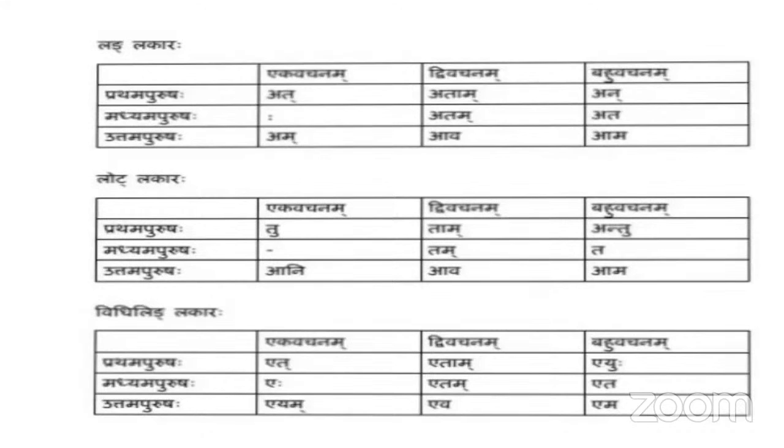You have to take care while pronouncing these endings, because in Pratham Purush Ekvachan the ending is at, and in Madhyam Purush Bahuvachan the ending is ta. So take care while pronouncing these endings. So at, atam, an, ah, atam, ata, am, ava, ama.